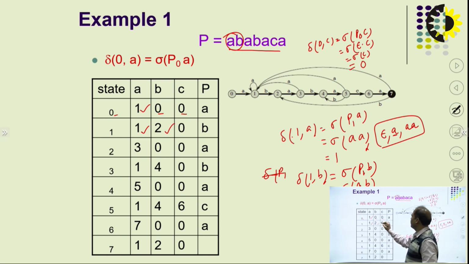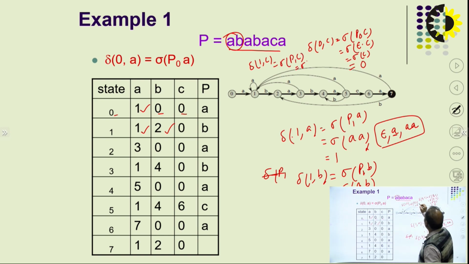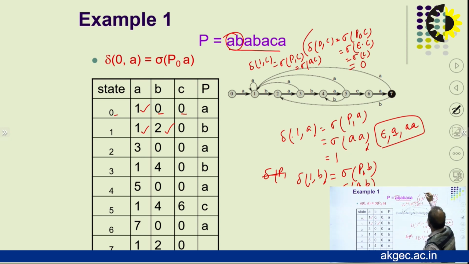Same thing for delta of 1 comma c, sigma of P1 c, and now P1 c is ac. AC has suffixes c, ac and epsilon. Of course, only epsilon matches, so its value is 0.